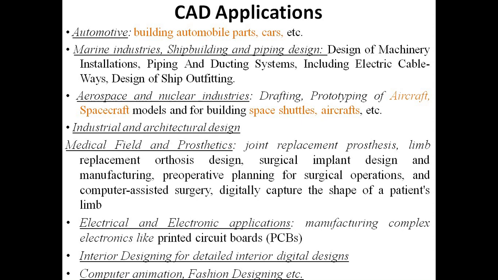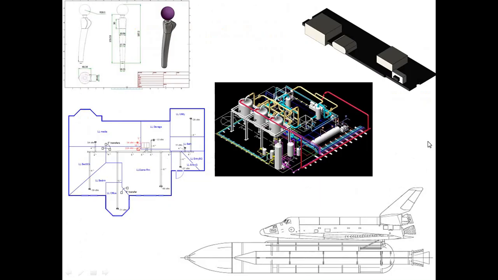So to design parts like different automobile parts, cars, duct systems, aircraft, spacecraft, space shuttles, different medical applications like prosthetics, surgical implants, dental implants design and manufacturing, then computer assisted surgeries, printed circuit boards, that is PCBs, and many more.